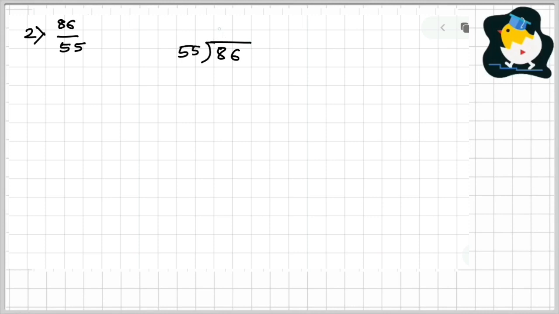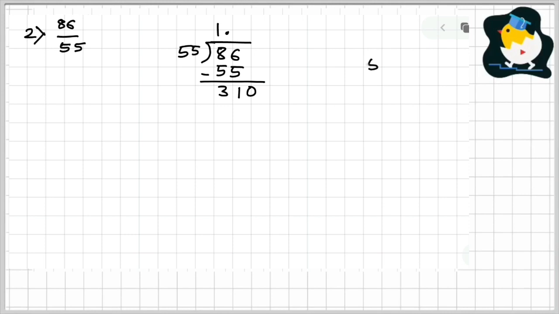The first thing is very clear, 55 ones are 55. The subtraction will give us 31. Obviously 31 is less than 55, so now we go into the fractional part, so point, and we will take 310 here.